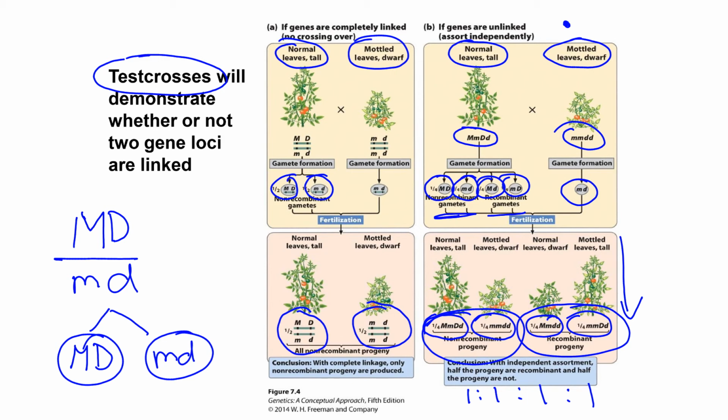So this was just an example. Complete linkage is rare in real life. So usually you obtain non-recombinant and recombinant progeny even with linked genes because of crossing over. Let's now consider what happens at the molecular level, at the chromosomal level, when two genes are linked.